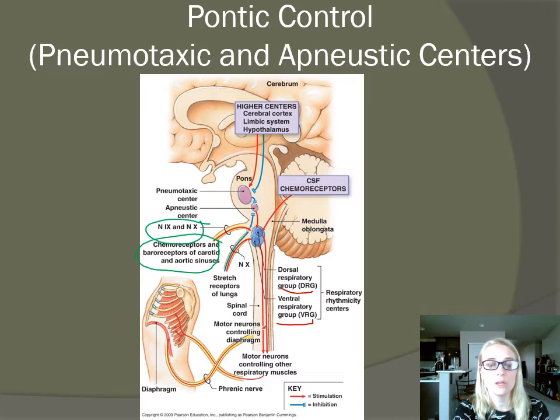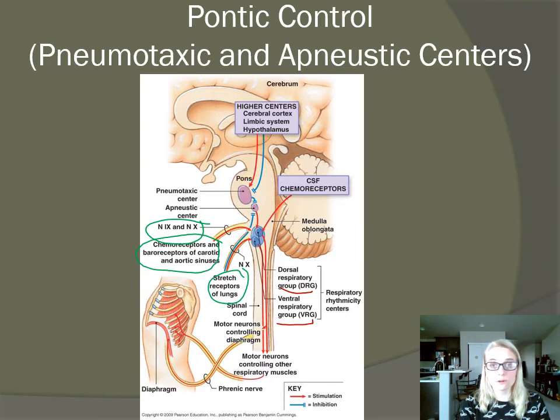Chemo is chemical signals, baro is pressure. Some of the chemical signals could be oxygen levels, carbon dioxide levels, pH of the blood. Baroreceptors are blood pressure, right? And we also have stretch receptors that can be both stimulatory and inhibitory. So stretch receptors sense how much air is coming into your lungs.